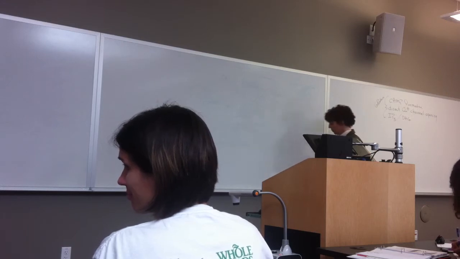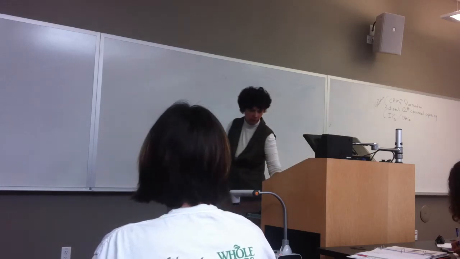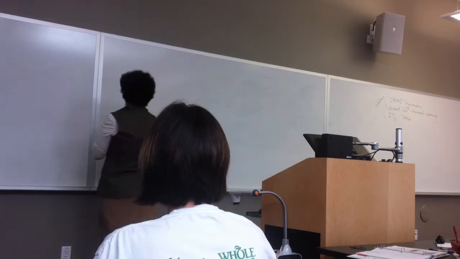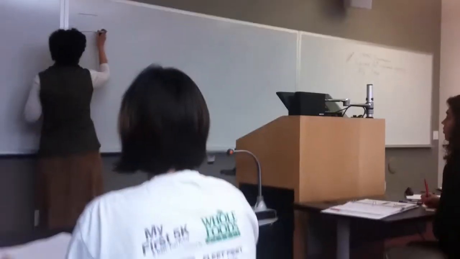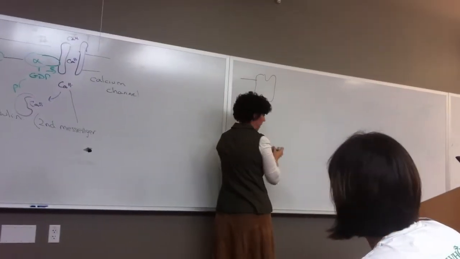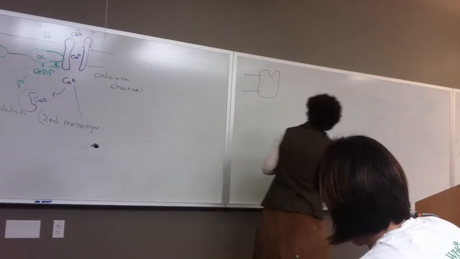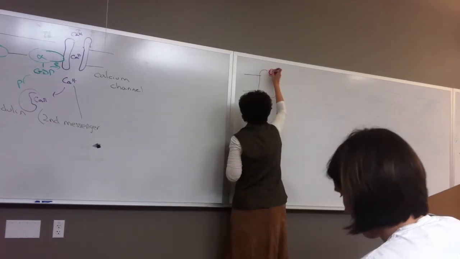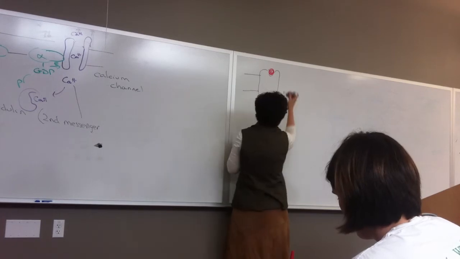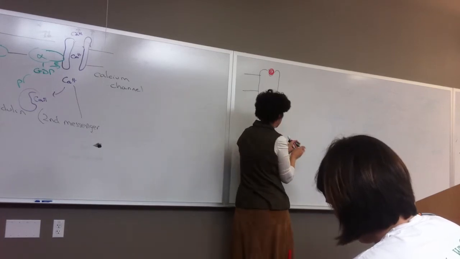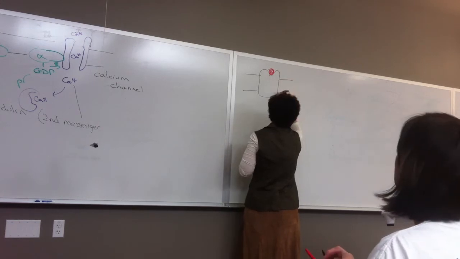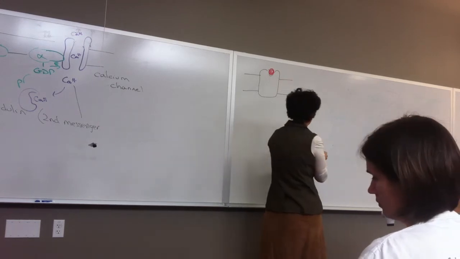So we still have a G protein that is activated in alpha subunit. Hormone binds to our receptor. The G protein interacts and is activated.